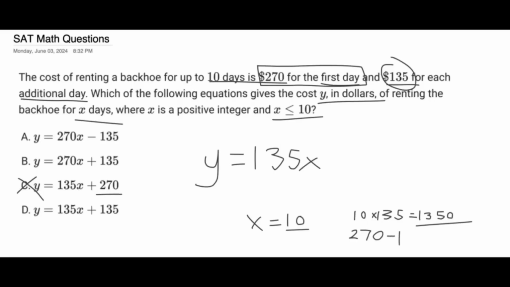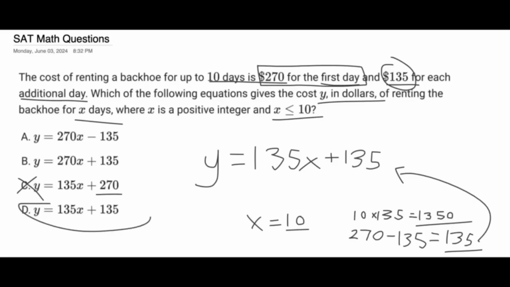So we can do 270 minus 135, and that gets us 135. We know that this is the unpaid amount, so we need to add this to the end of our rule. So it's 135x plus 135, and so our answer is choice D.